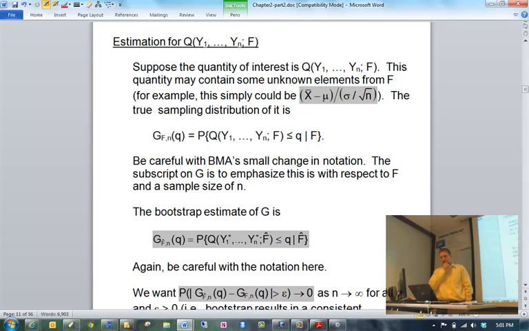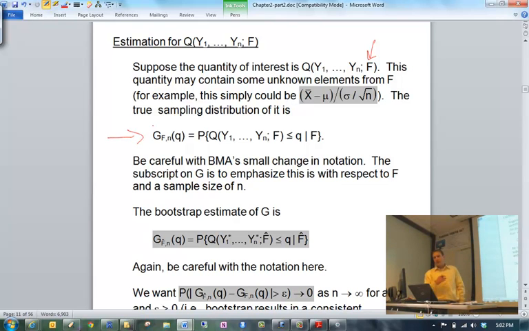So let's say that our quantity of interest is Q, or hopefully a pivotal quantity. It's a function of your data. Let's say it relies on some assumption of what the y's are in terms of the distribution. Unfortunately, the authors include more notation here. I shouldn't say that's bad, but they need more notation to say what they want to say.